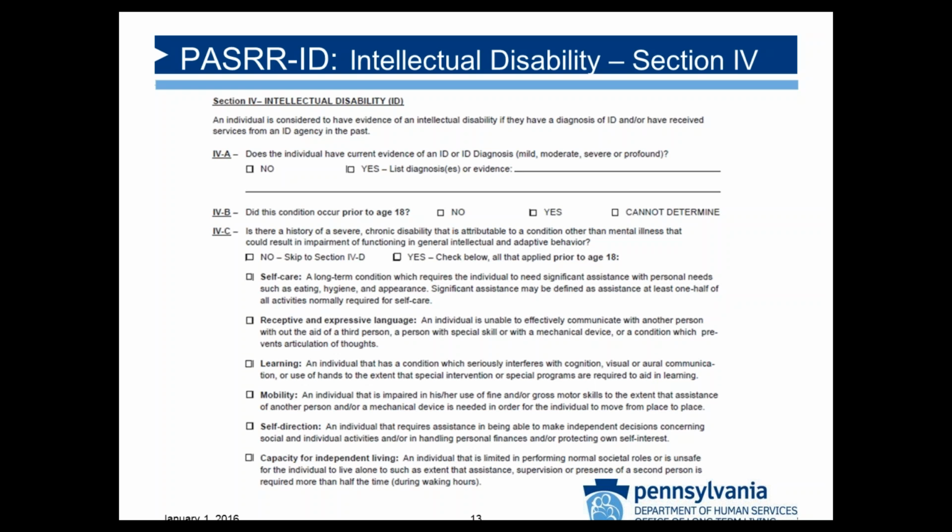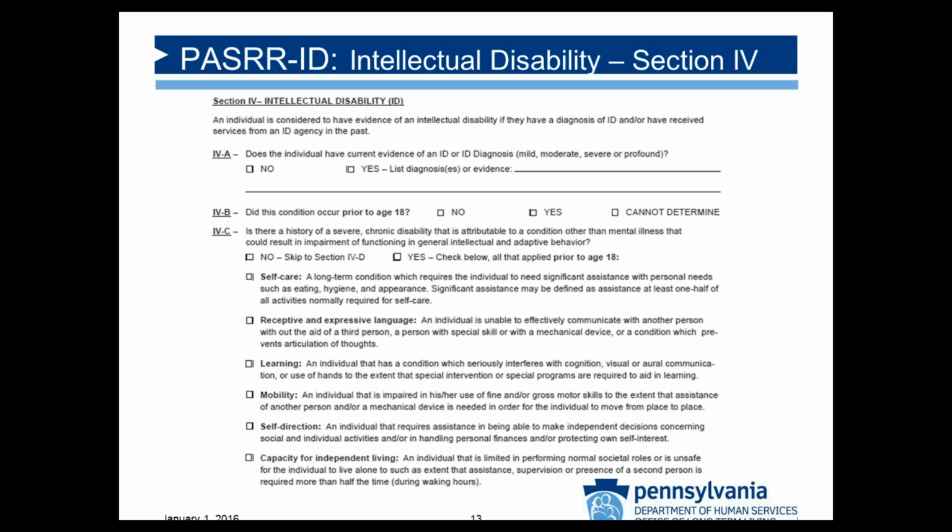Then we also ask at 4C if they have something other than a mental illness that could result in impairment of functioning. So we're looking at the function here. And if they do, we want to know what it is.